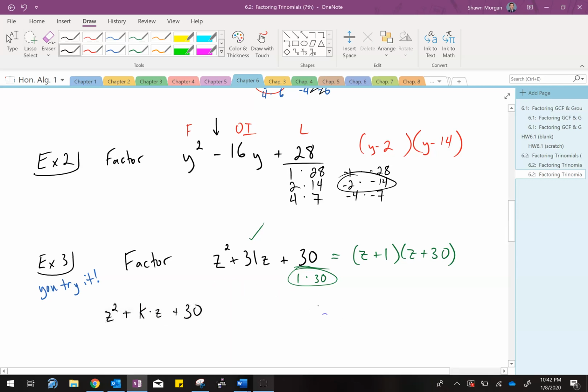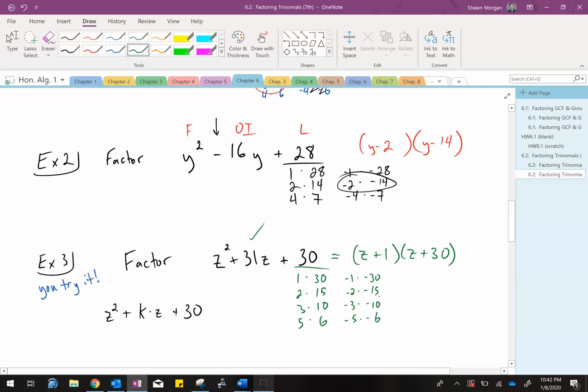If I made my exhaustive list for the factor pairs of 30, I would include 2 and 15, 3 and 10. I'd include 5 and 6. And I'd also include all the negatives, negative 1, negative 30, negative 2, negative 15. You get the idea. Negative 5 and negative 6.